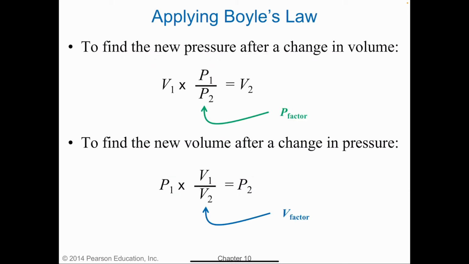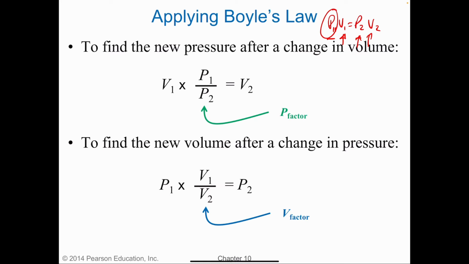Since we've got P1 V1 equals P2 V2, if you know 3 of the variables, you can solve for the 4th one, and it can be any of them. The problem could give you the initial volume, the final volume, and the final pressure, and you have to solve for the initial pressure. We can rearrange Boyle's law to solve for any of these variables.